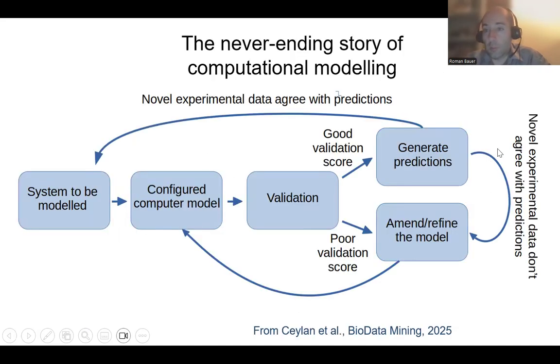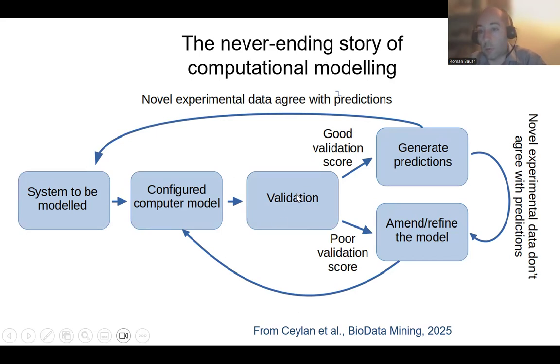If you want to simulate such models, then we can follow the essential basic approach of computational modeling, where we have a certain system, a target system that we are aiming to model. And we can then create a model and configure that model. And of course, we need to validate it.